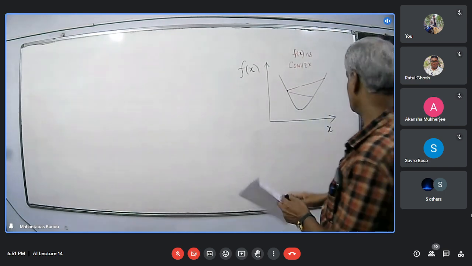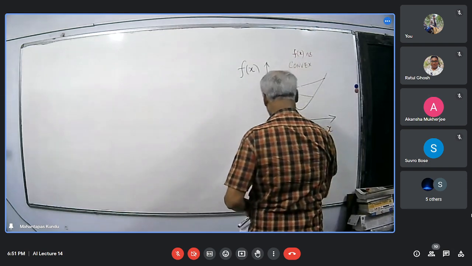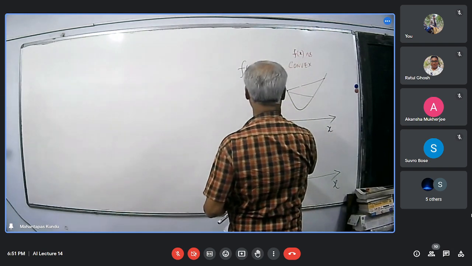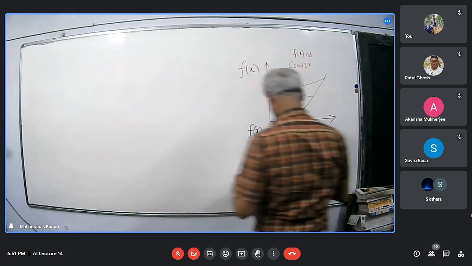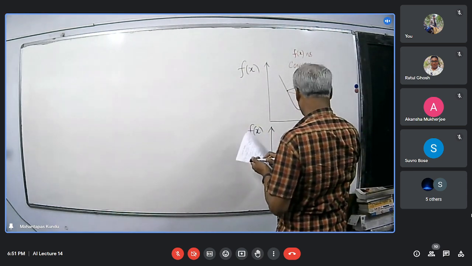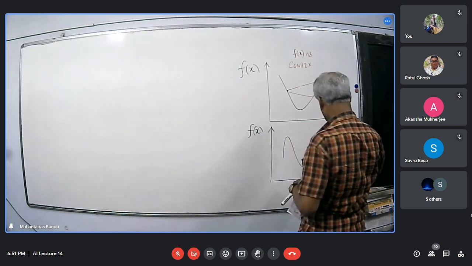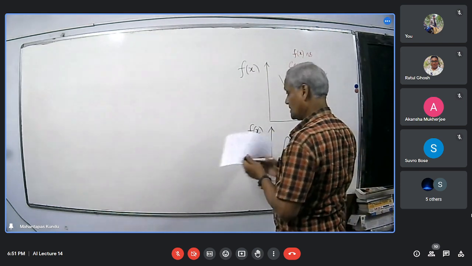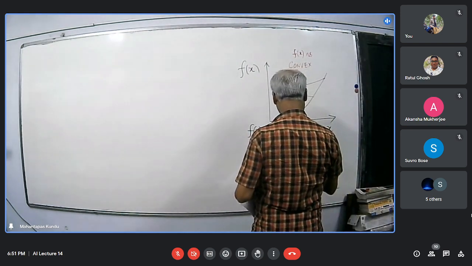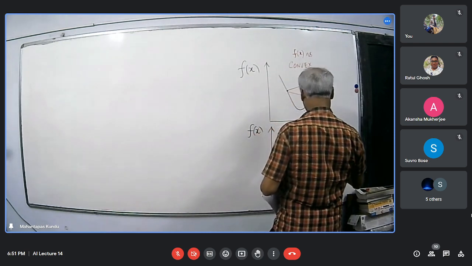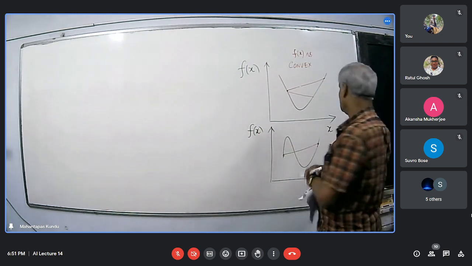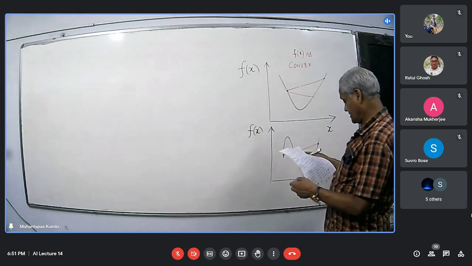And if the function is so, and if we join any 2 points like this, then here the curve will appear over the line. So this function is not a convex function.